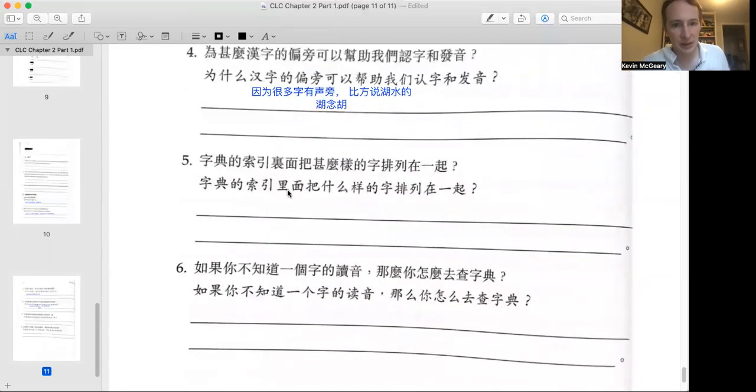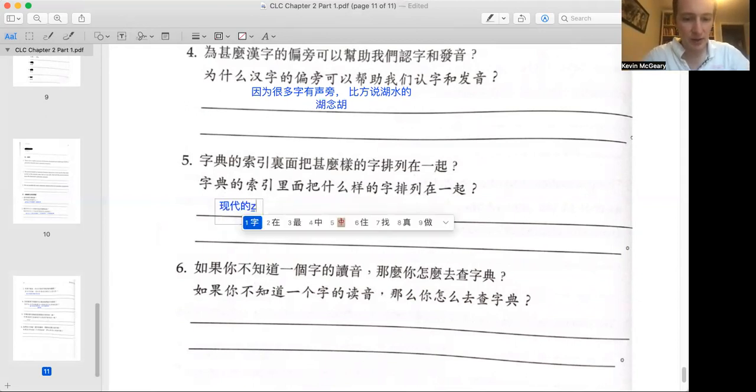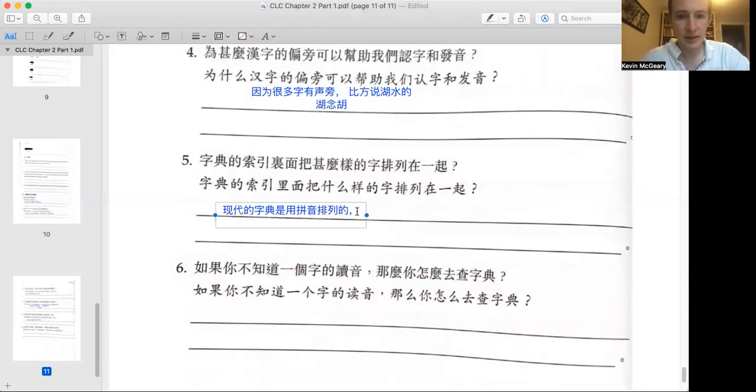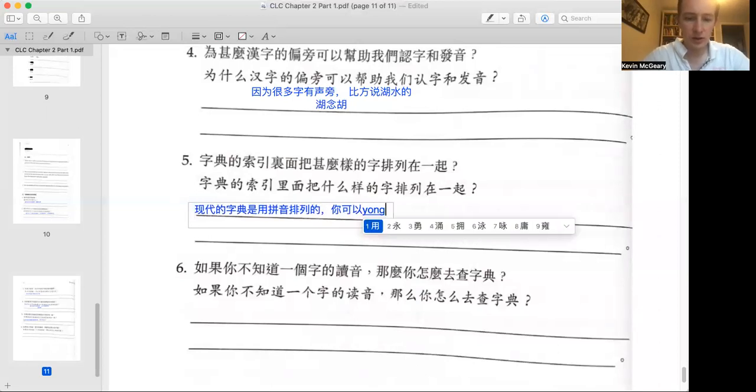现代的字典是用拼音排列的. Modern dictionaries use pinyin, are ordered with pinyin. 现代的字典, and what words did I put together? 你可以用部首查字.